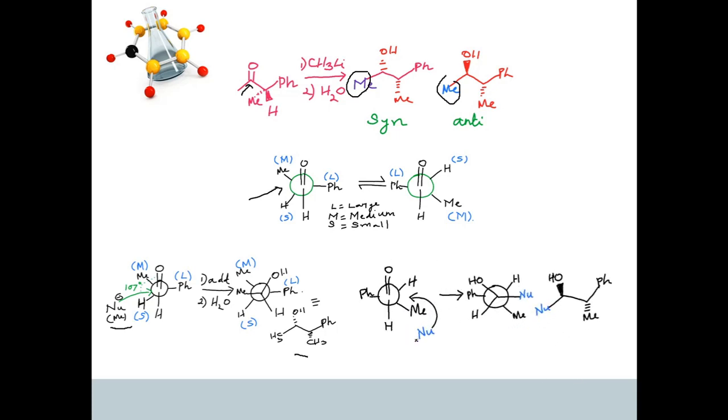When the nucleophile attacks from the opposite direction, we end up with an anti-product. So please remember, your nucleophile and the phenyl group remain in the largest carbon chain, and they are anti to each other.